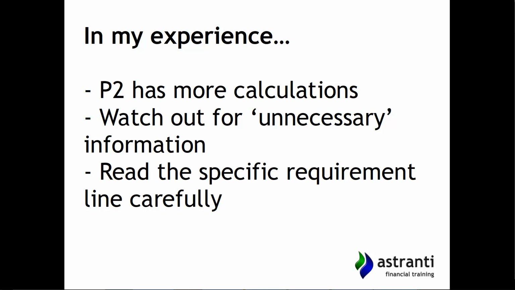So what we're going to do now is go through a sample question and demonstrate these tips, but also demonstrate how we would undertake an analysis of a question. This is representative of what you'll get in the pack.